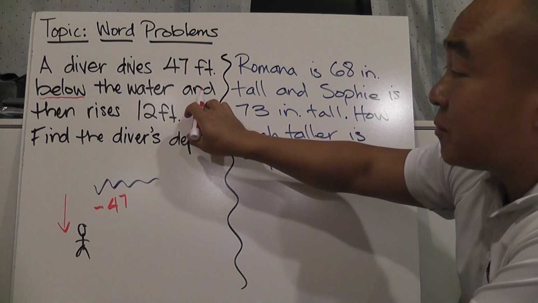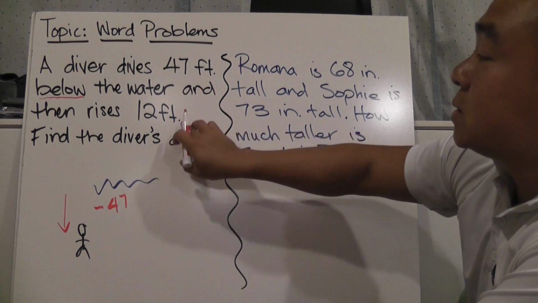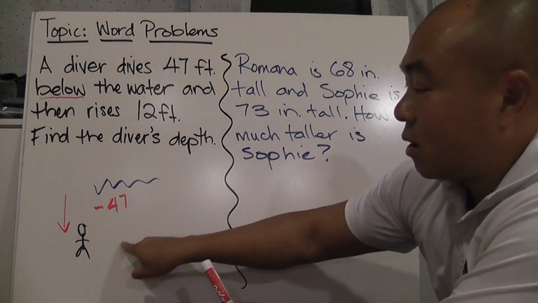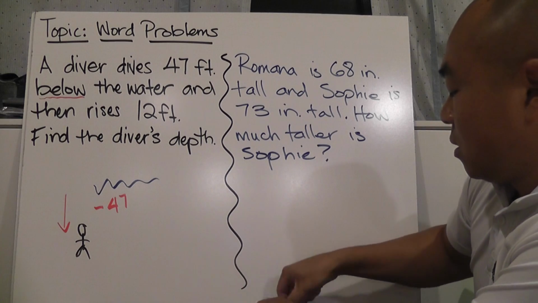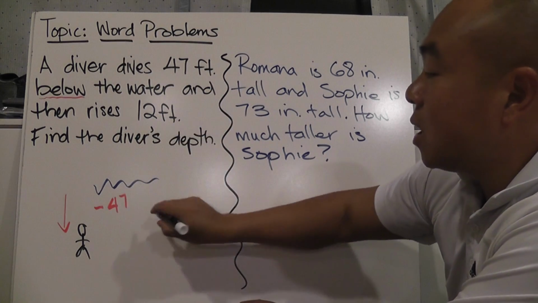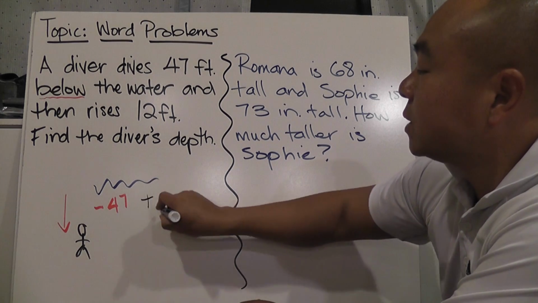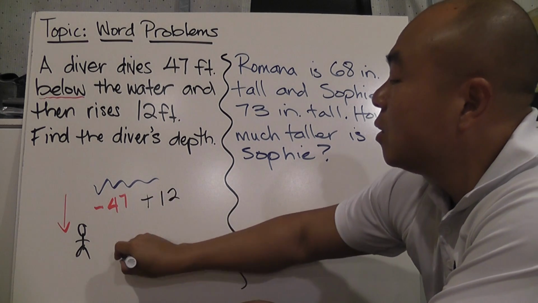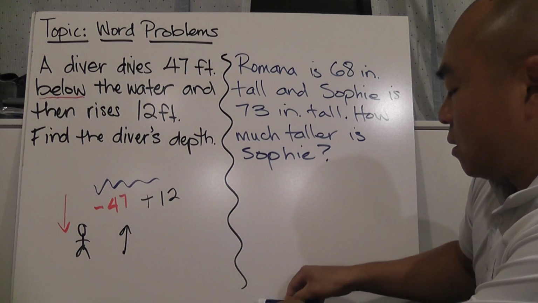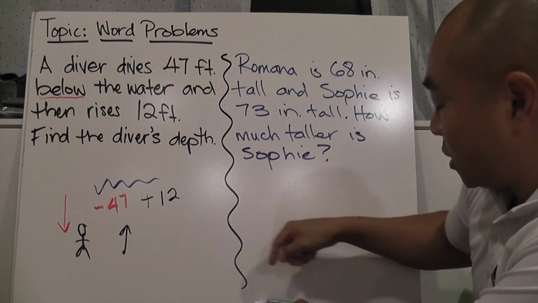Now, after he's done diving below the water, he now rises 12 feet up. So if he's going back up, we can go ahead and do plus 12 because he is now going back up 12. As you can tell, this is an addition question.